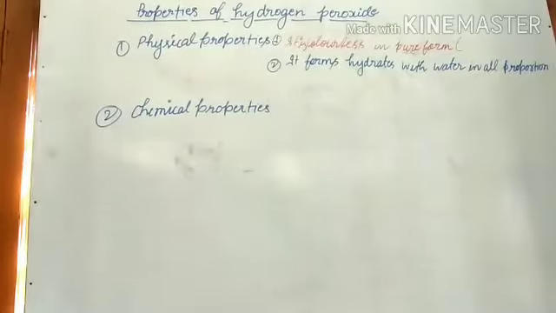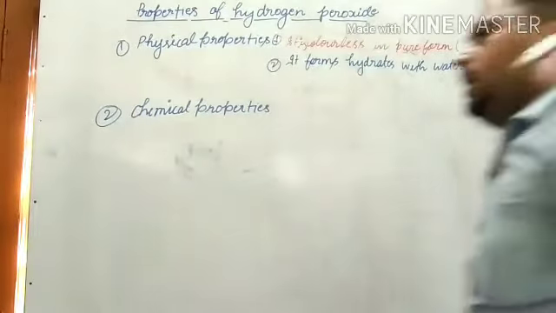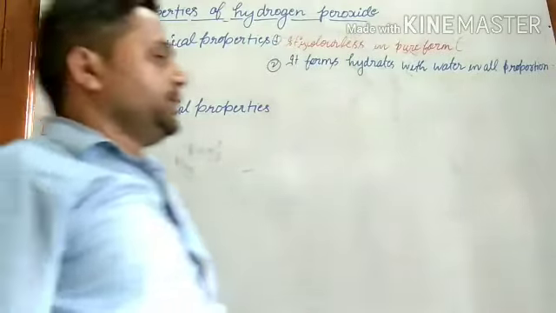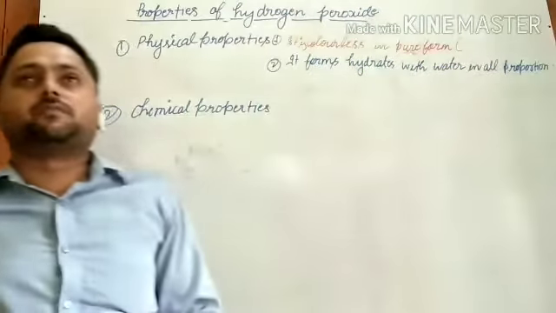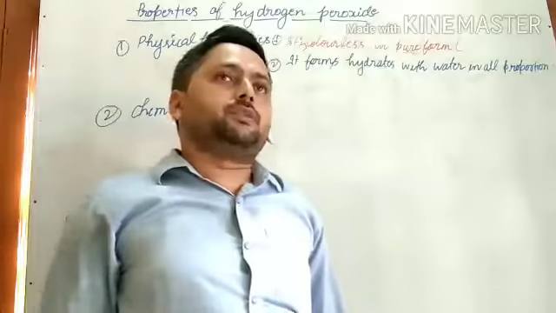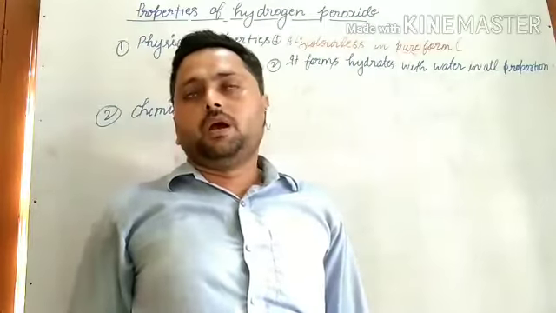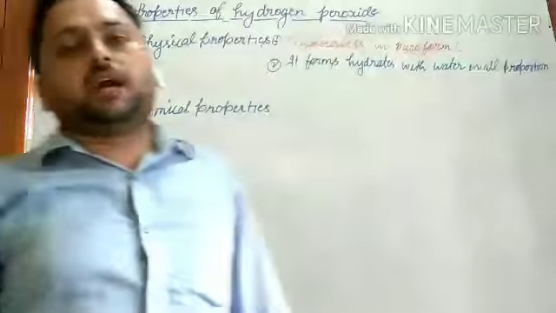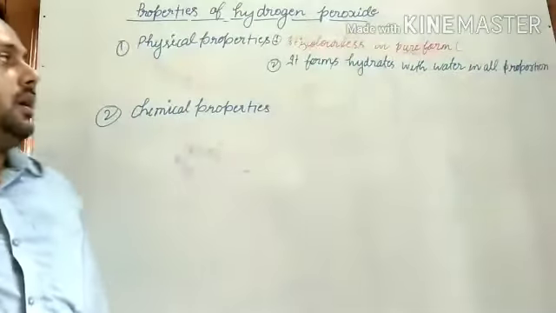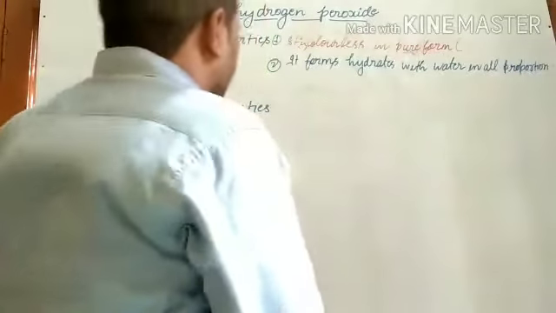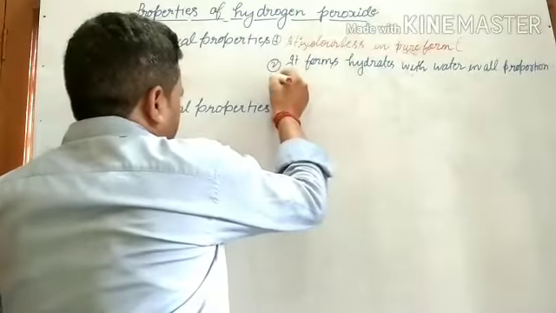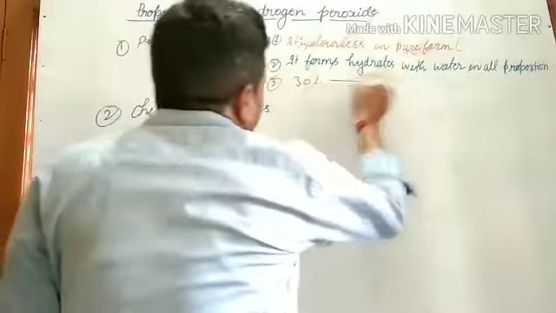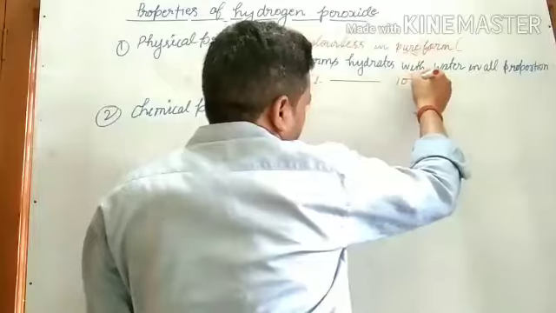And another property of this: the 30% hydrogen peroxide solution is marketed as 100 volume. Remember it? A 30% solution is marketed as 100 volume.